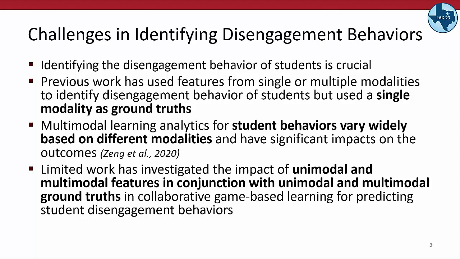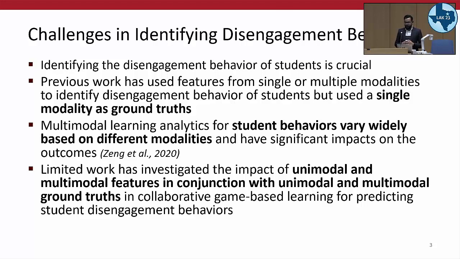Many works have used single or multiple modalities to understand when students are getting engaged or disengaged, but most are focused on using a single modality as ground truth. We know from multimodal learning analytics that students' behavior can vary wildly based on the modality of observation. So it depends on what modality you are using to observe the behavior itself.